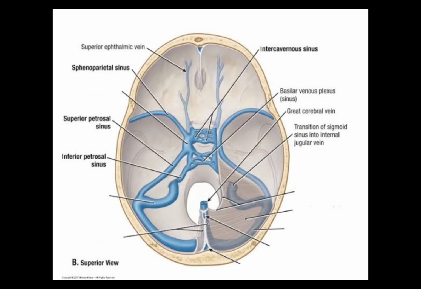Here we can talk about the dangerous area of the face. The superior and inferior ophthalmic veins and some veins that drain into the cavernous sinus are valveless. This is why infection may easily spread from the area of the upper lip and around the nasolabial fold.